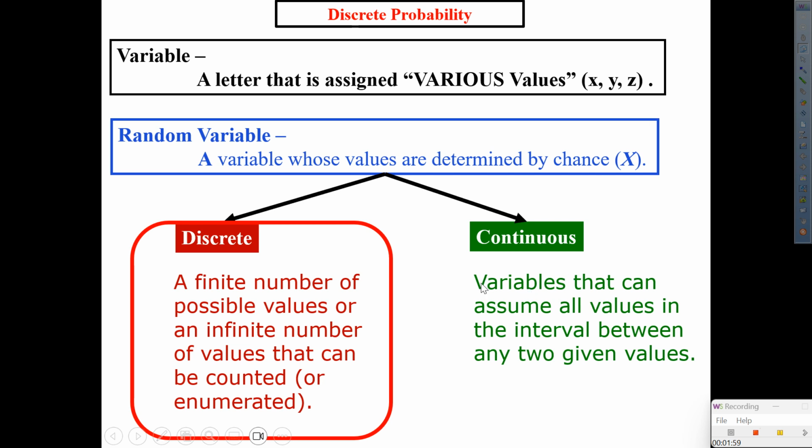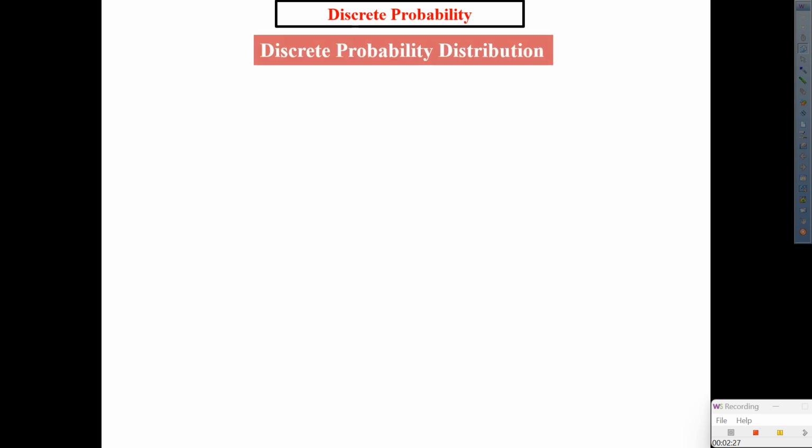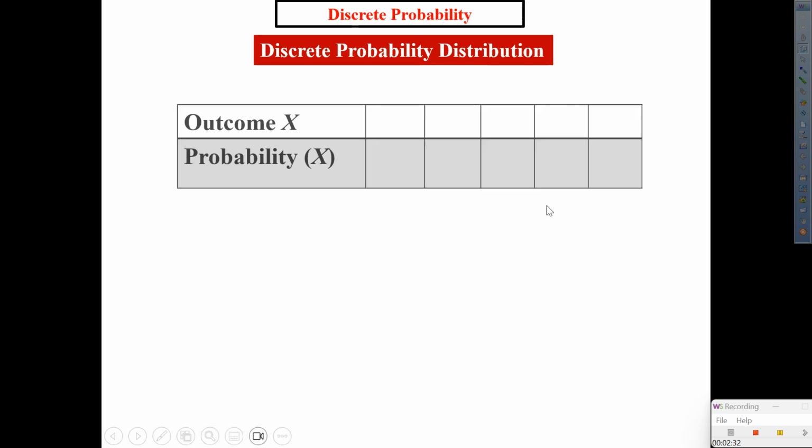You should know the difference, so if I asked you to make a poster and give an example of each, you should know. Same thing with what a discrete probability distribution is.